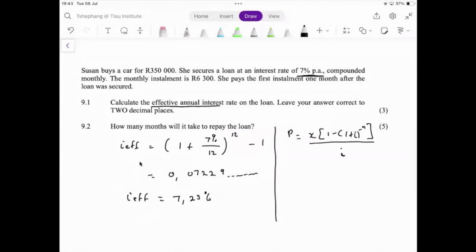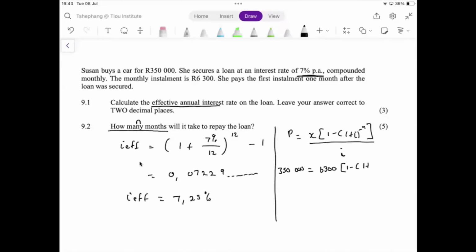If I made a mistake, you're more than welcome to correct me. Now, what is it that we're trying to calculate? How long this is in, how many months? Okay, our P is going to be 350,000. What's x? It is said that it's 6,300.